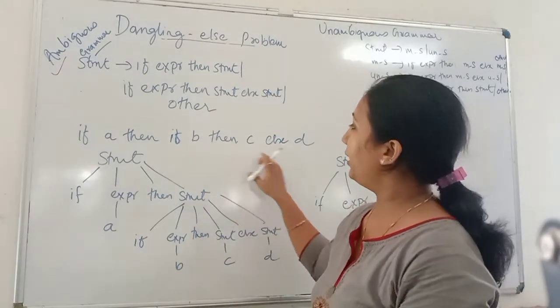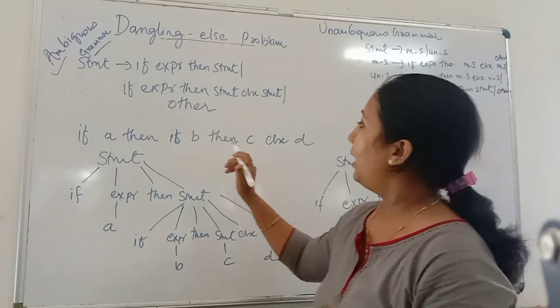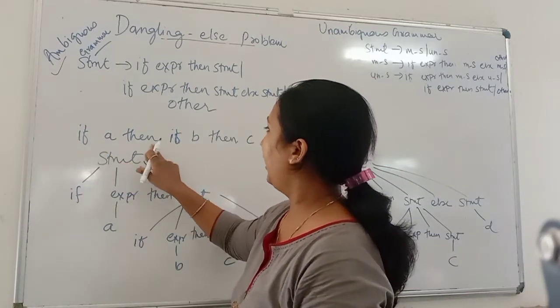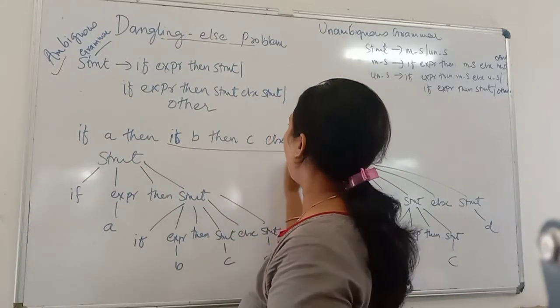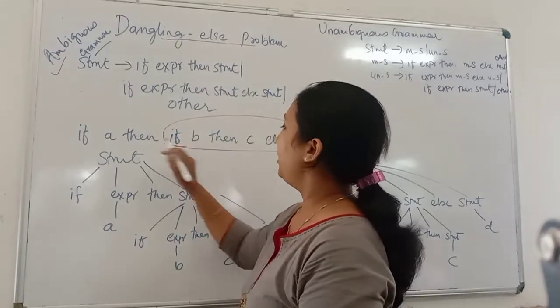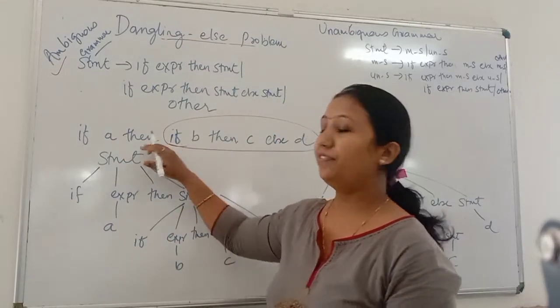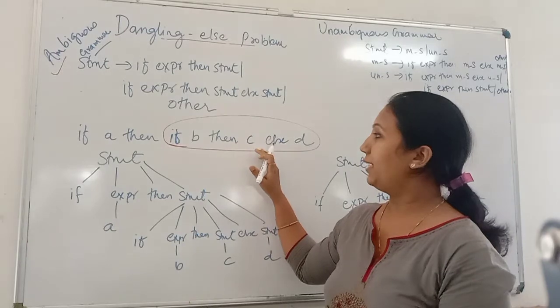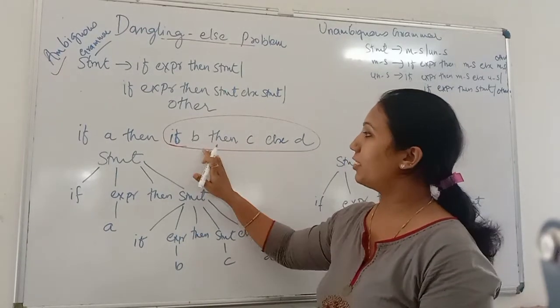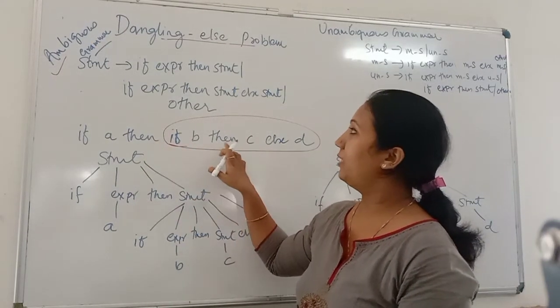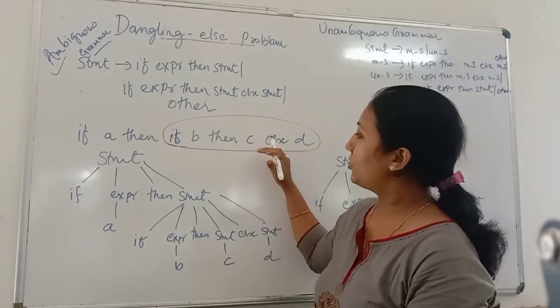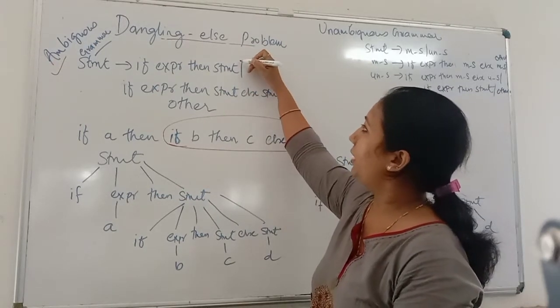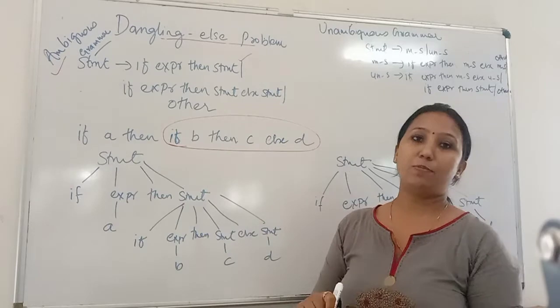By looking at this grammar we can see that either the full part after if A is a part of the then statement. In that case, if we consider this full statement as a then part, then this tree can be derived from the first option, that is if expression then statement.